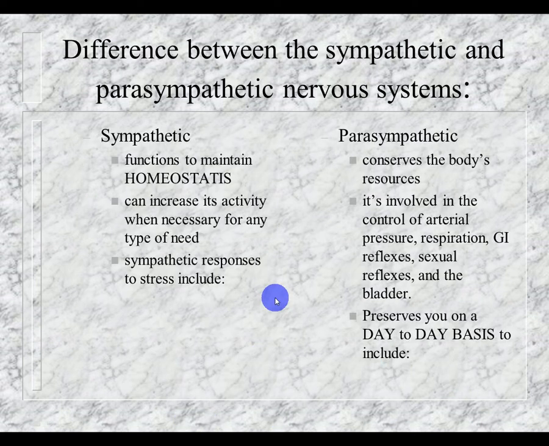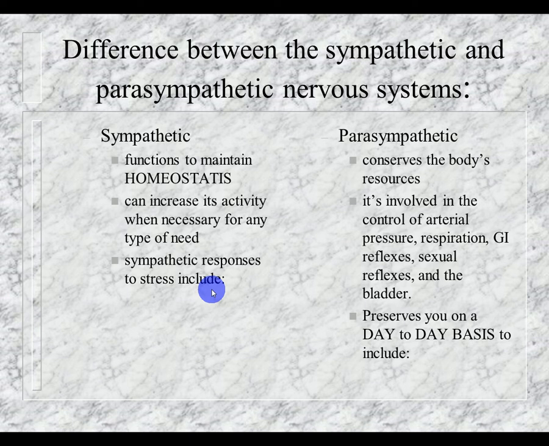So what's the difference between the sympathetic and the parasympathetic? The sympathetic functions, of course, to maintain homeostasis or balance. It can increase its activity when necessary for any type of need. Typical responses you would see would be to stress, to include things like, number one, pupils dilate. Why do they dilate? They're looking for a way out of the situation.